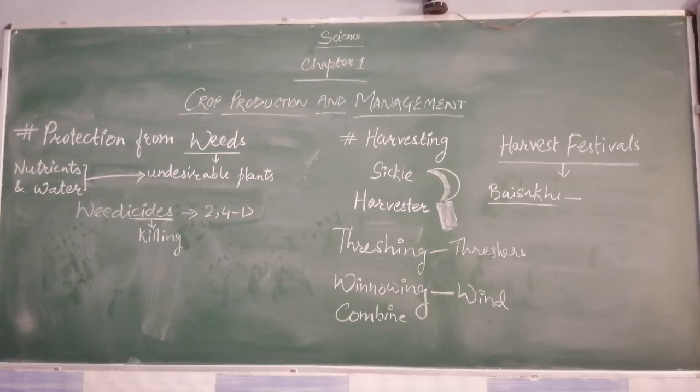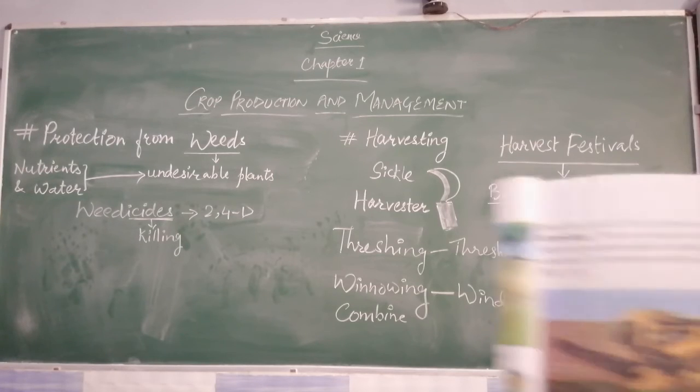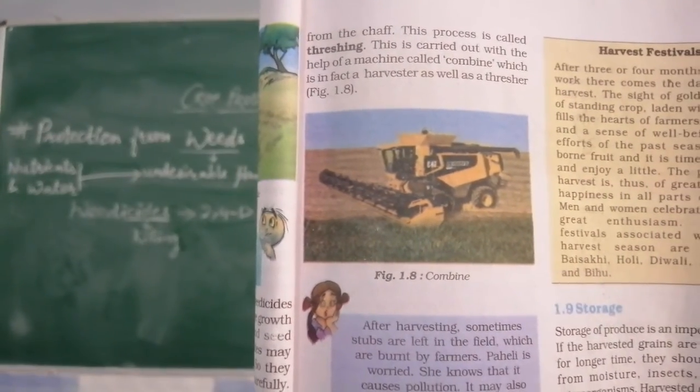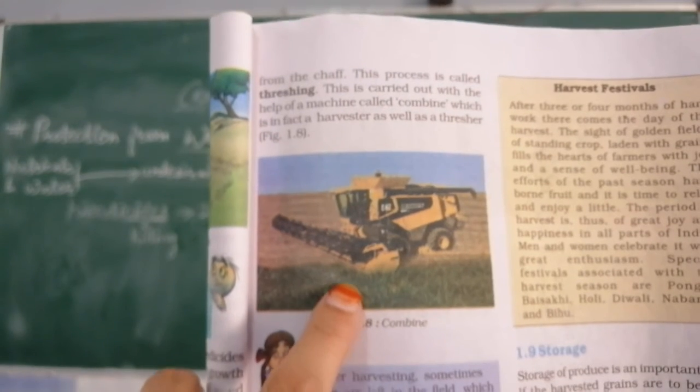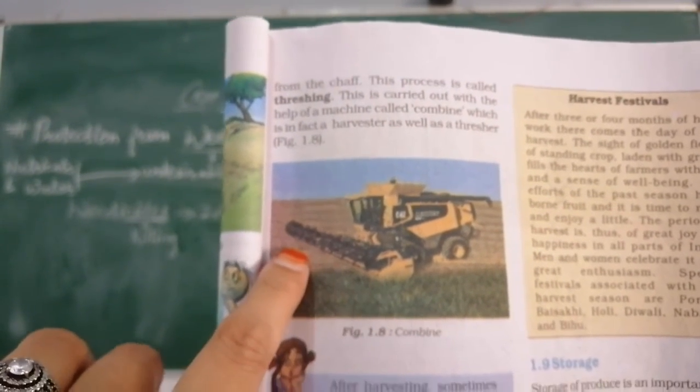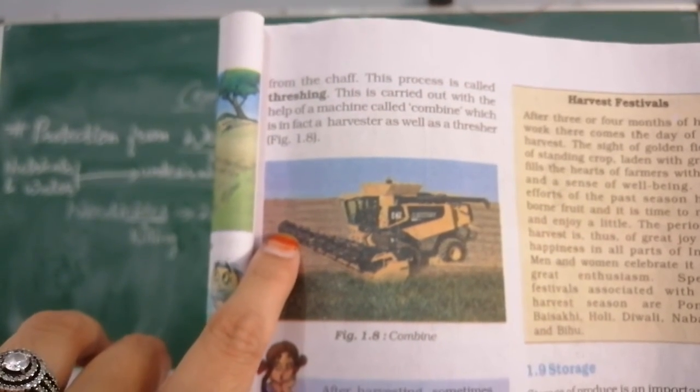Then there is one more machine known as a combine, which is used to harvest the crops as well as to remove the chaff. The diagram of this combine is given to you on page number 11, figure 1.8. Here a blade is attached, which will help to harvest the crops.